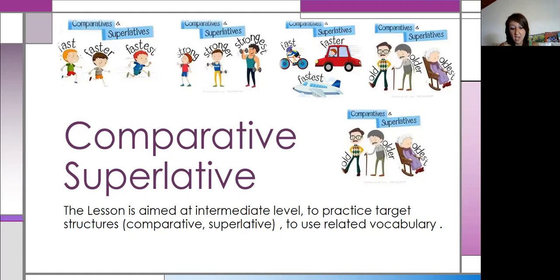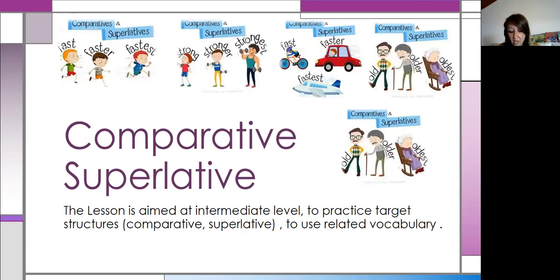Fast, comfortable, new, old, slow, cheap, expensive. So here we have adjectives: fast, new, old, and slow to describe a car. All of these describe the nouns.